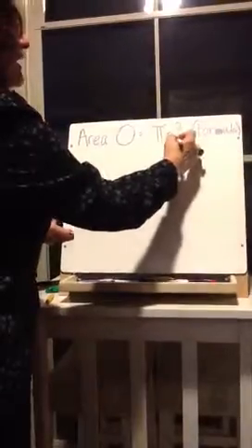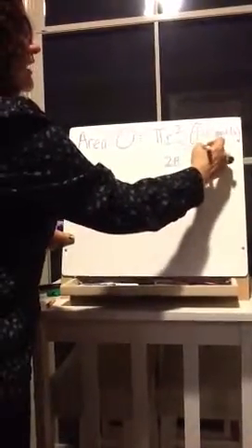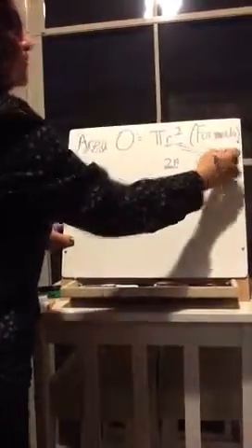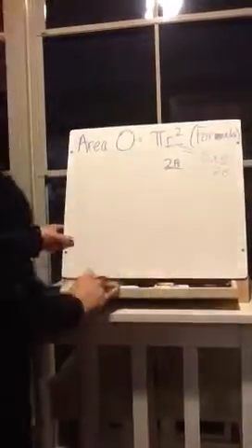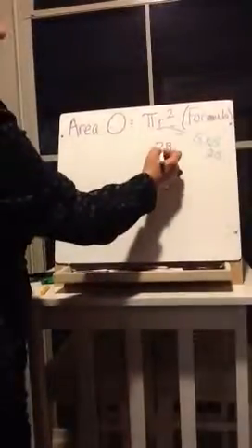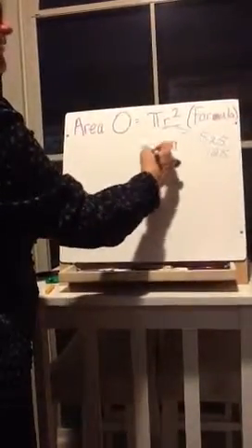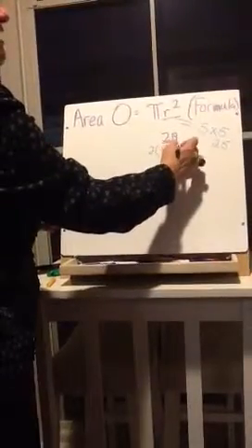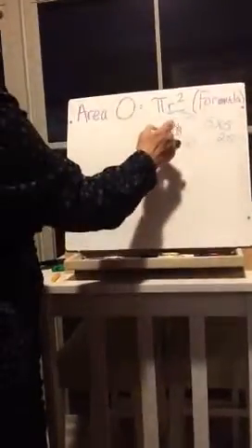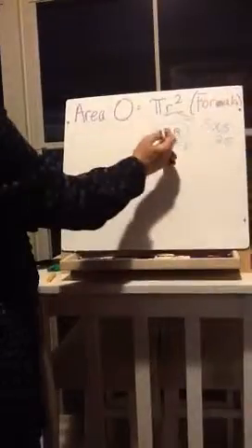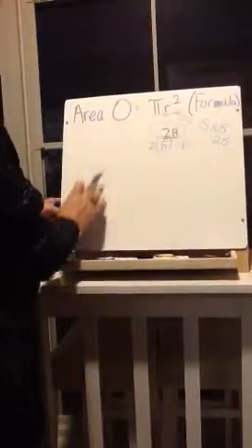So if I have the radius as 5, and I'm squaring it, I'm multiplying it by itself, and I'm going to get 25. For the circumference, I have 2 times the radius, so if the radius is 5, 2 times 5 is going to be 10. It is not the same. This is addition, this is multiplication.